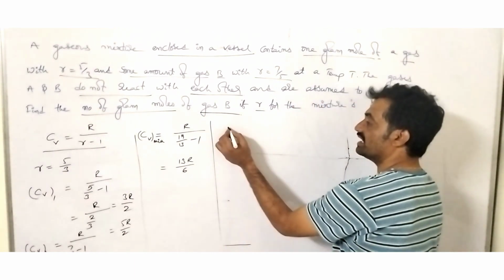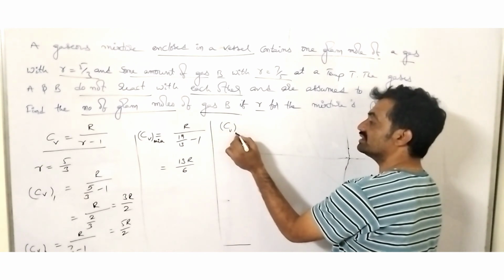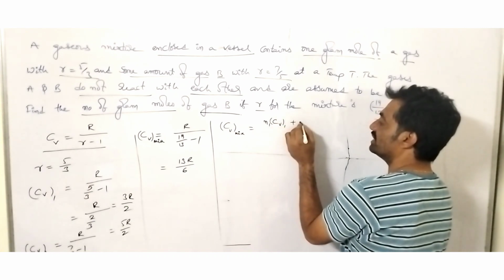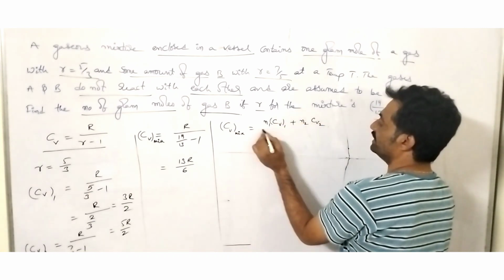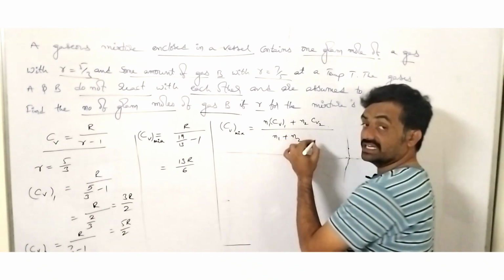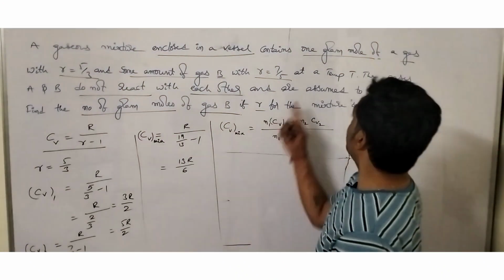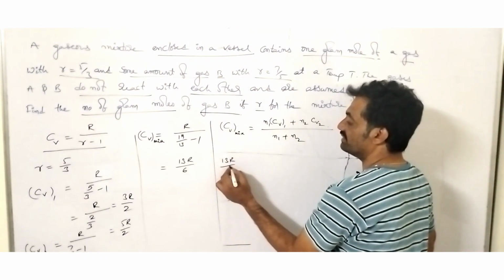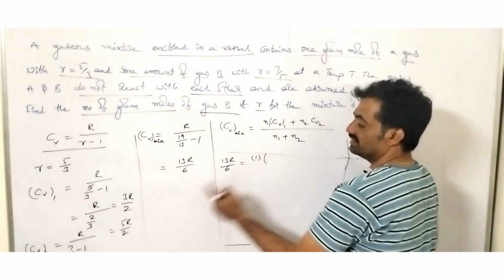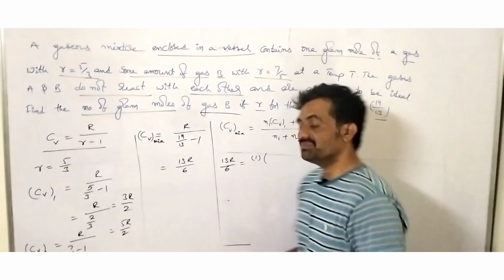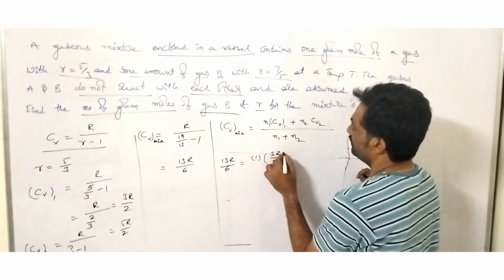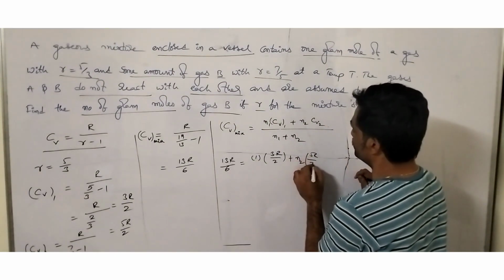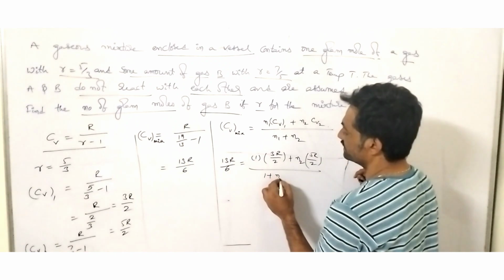Now let's observe the equation for the mixture. Specific heat at constant volume of the mixture is equal to N1 into C suffix V1 plus N2 into C suffix V2, by N1 plus N2. The number of moles for the first gas is 1. So when we substitute all the values, 13R by 6 equals 1 into 3R by 2 plus N2 into 5R by 2, by 1 plus N2.